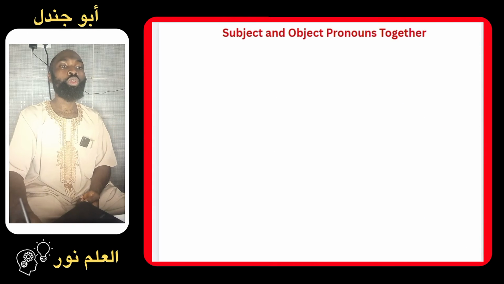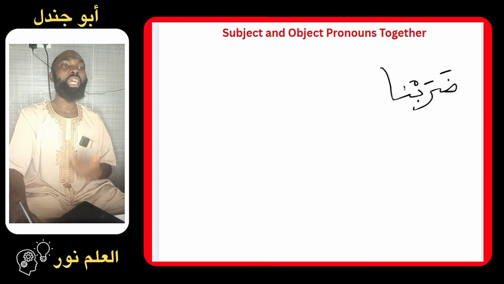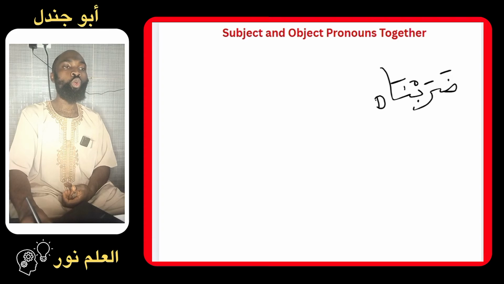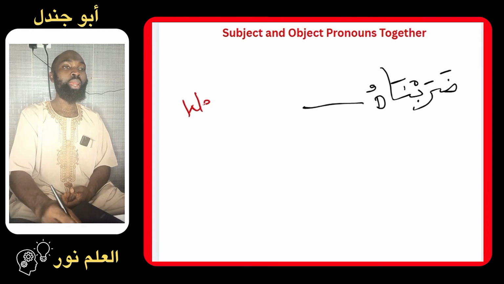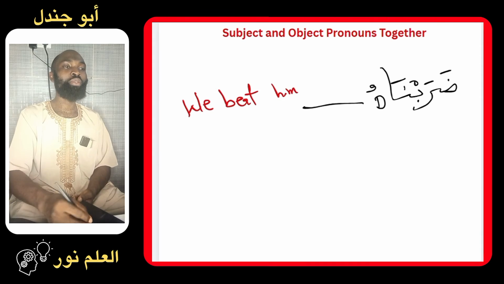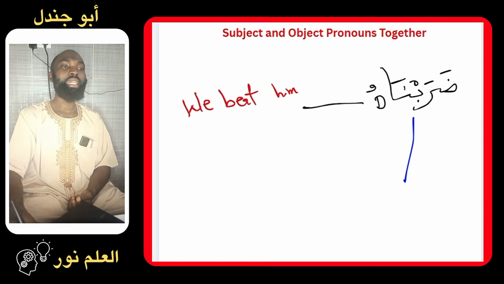Another last example I will give to you is dorobnahu. Dorobna means we beat. So dorobnahu, we beat him. Is that not very easy? When you look at this now, you would know that doroba here is the verb, which is the root word.